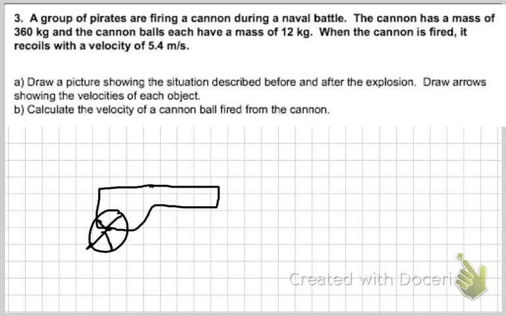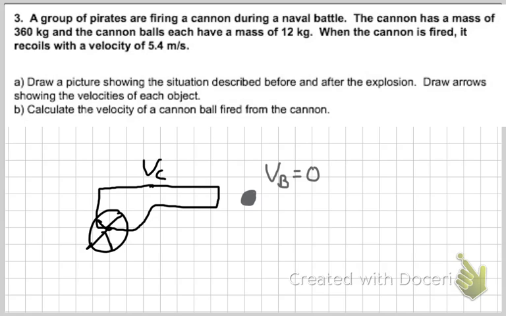There's our cannon. And there's our cannonball. Before the cannon is fired, both those things are going to be at rest. So the velocity of the ball is 0.